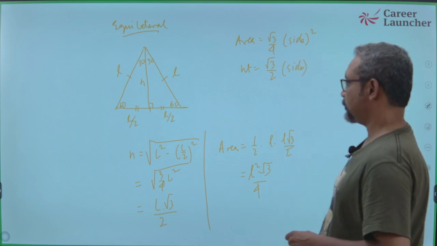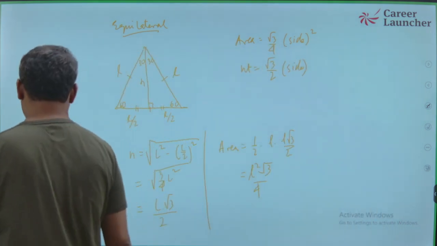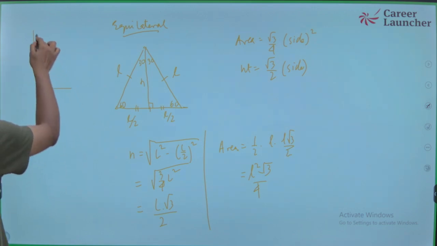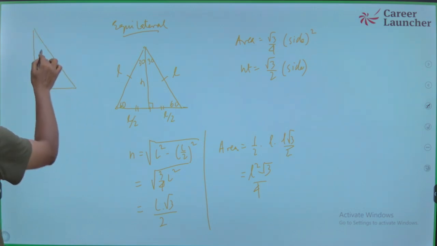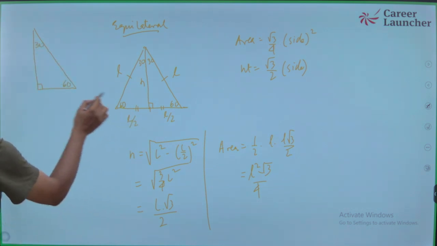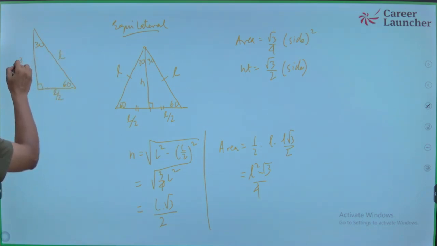That's number one. The other thing that we get is this special triangle, the 30, 60, 90 triangle. This is very useful as well. We have just now reduced the sides. So this is L over 2, this is L, and this is root 3 L by 2.